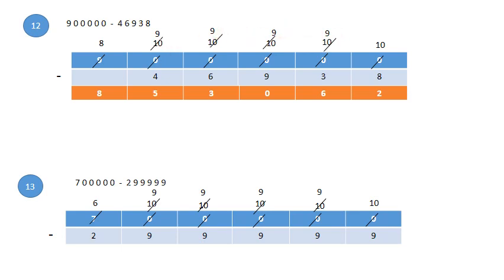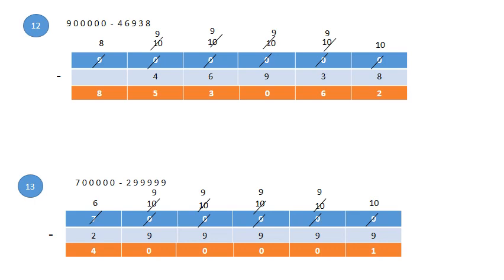Okay, subtract it now. 10 minus 9, 1. 9 minus 9 is 0, 9 minus 9 is 0, 9 minus 9 is 0, 9 minus 9 is 0, and 6 minus 2 is 4. I hope you have understood how to subtract with zeros. Let's do the next one.